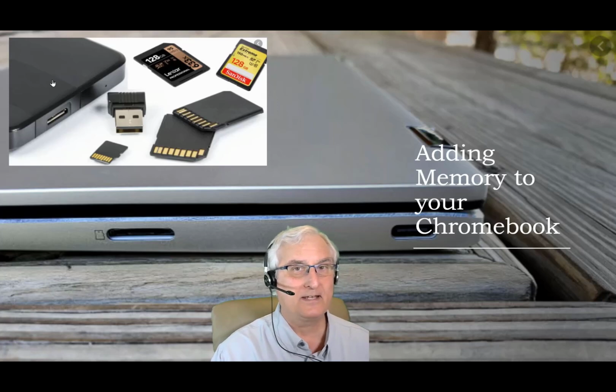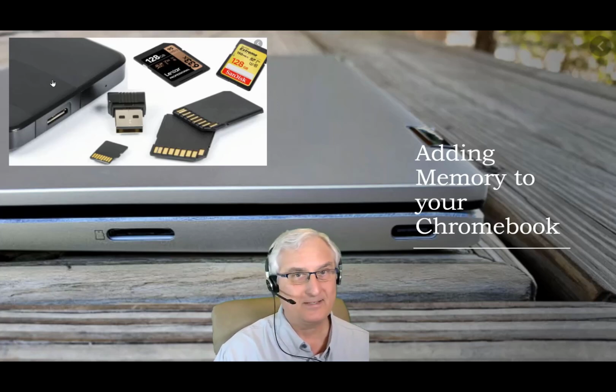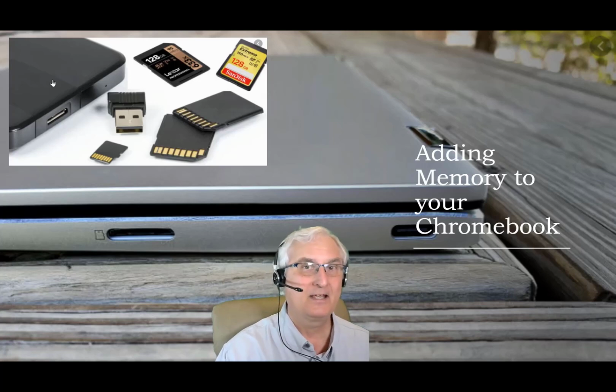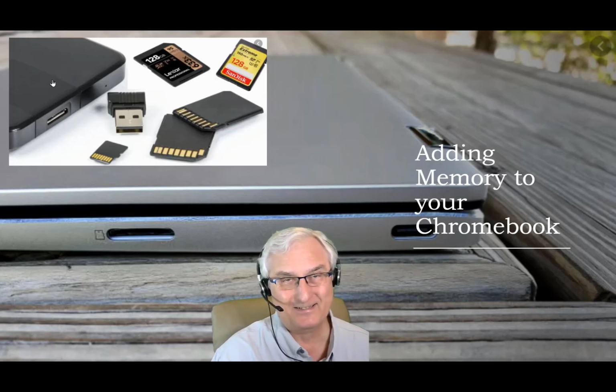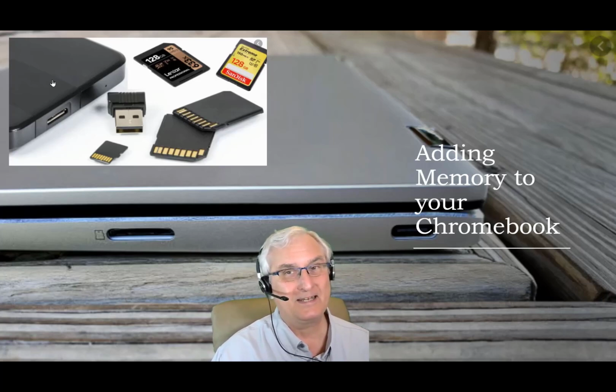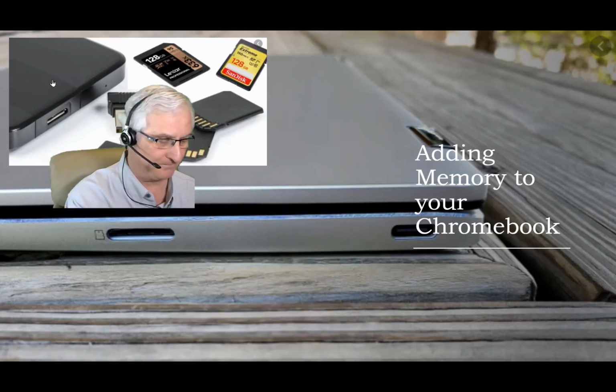Now, I was going to say this morning when I was making this video that all Chromebooks have SD card slots, and you can just simply plug an SD card into it. And I went and looked on my Pixelbook, and it doesn't have an SD slot. So I'm going to tell you that probably 95% of Chromebooks have SD slots, and you just put a card in, but there's probably some like my Pixelbook that don't.